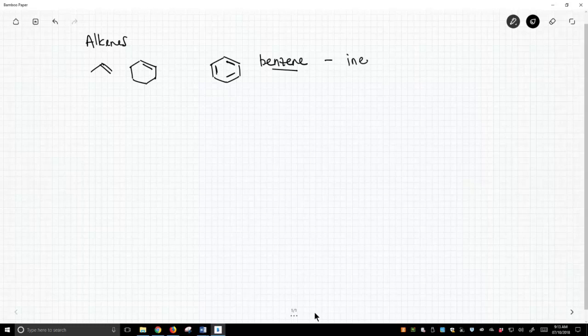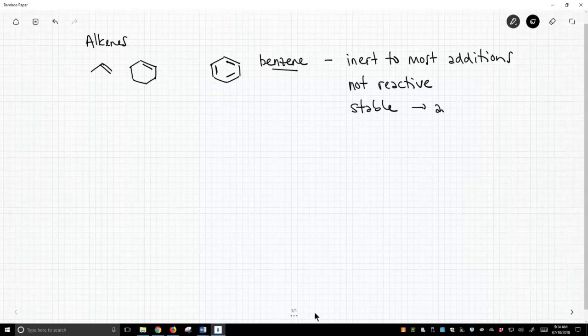So it's inert to most additions, which is to say it is not reactive. And when things are not reactive, we oftentimes say, oh, it's stable. Well, the stability of a benzene ring is captured by this term called aromaticity.